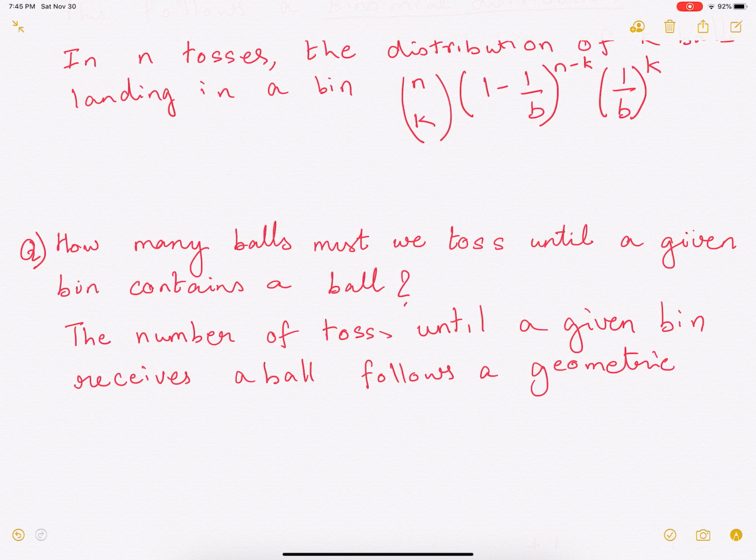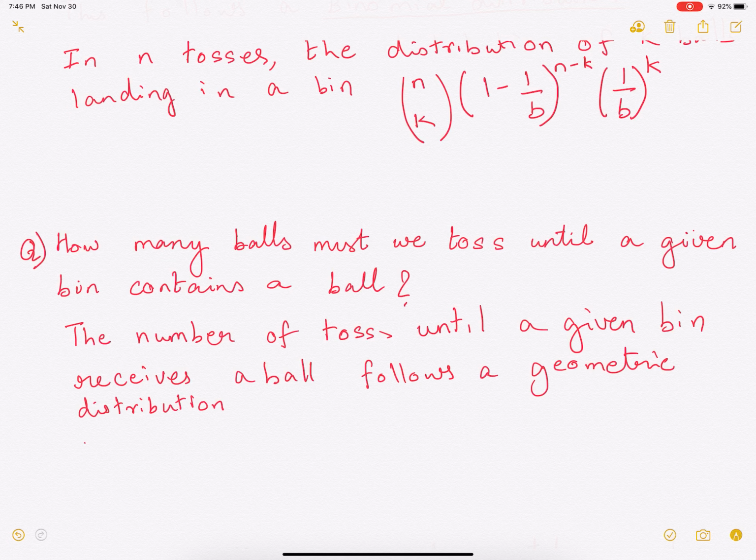And why is this the case? Okay, so a ball falling in the bin of your choice is a success. Now, the number of attempts that you make before that have ended in a failure. So you toss a whole bunch of balls till you get a success, which is the ball landing in the bin of your choice. So a bunch of failures followed by a success, which is nothing but a geometric distribution.